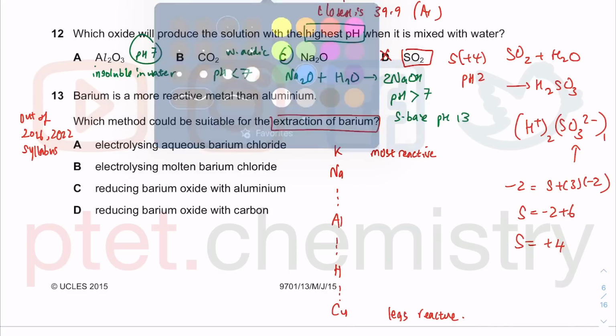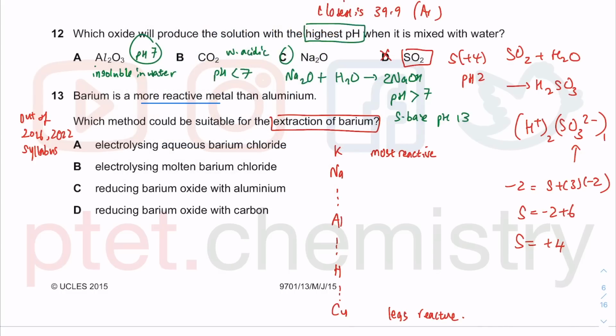If barium is a more reactive metal than aluminium, so barium is above aluminium. So aluminium you have to get by electrolysis. Because carbon is below aluminium, you can't use carbon to reduce that. If you can't do that with aluminium, you can't use carbon to get barium as well.